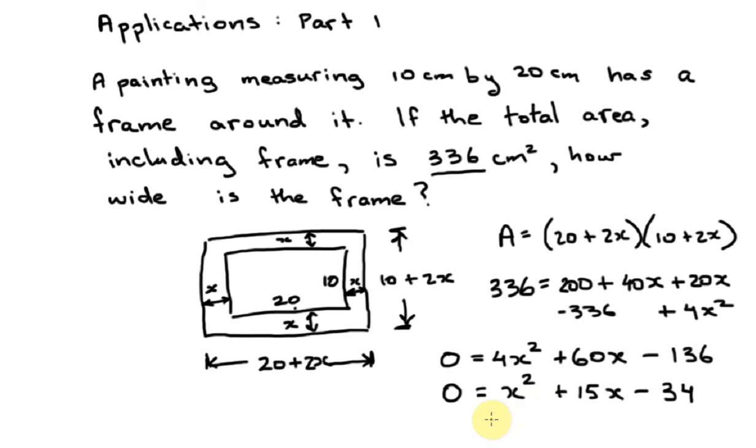Now, I'm just going to clear the page here to give myself some room. But before I do that, you could use the quadratic formula here. A would be 1, B is 15, and C is negative 34, and there's nothing wrong with that. But I think it's easier to see, does this possibly factor? And in the end, it actually does factor.